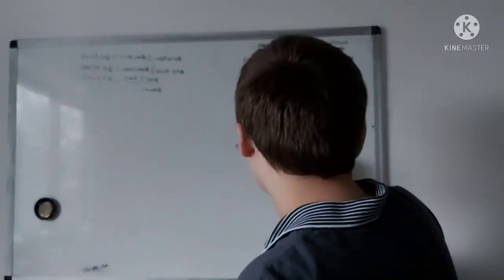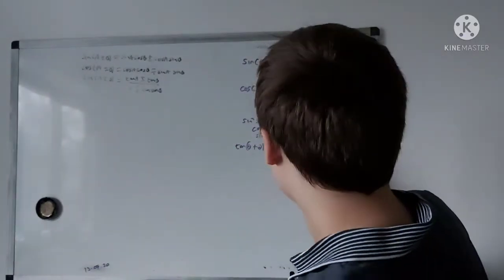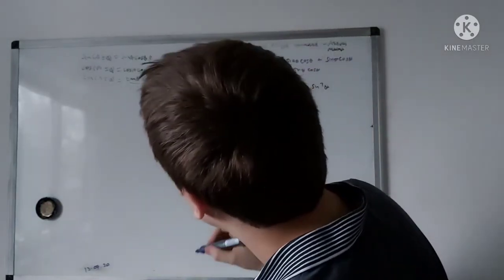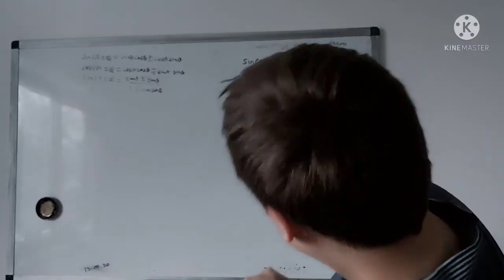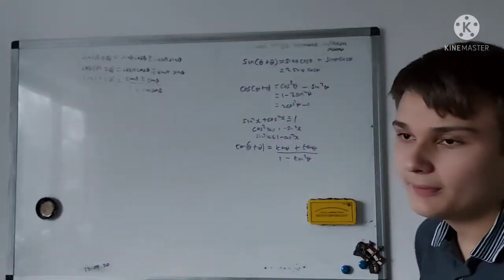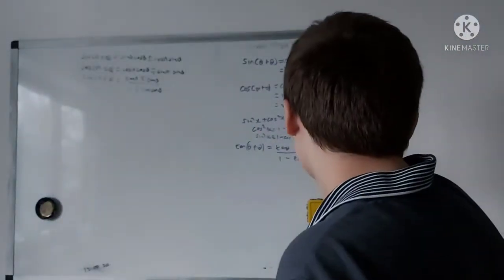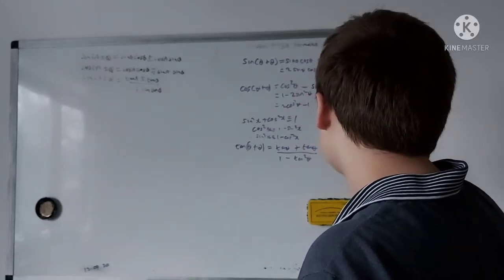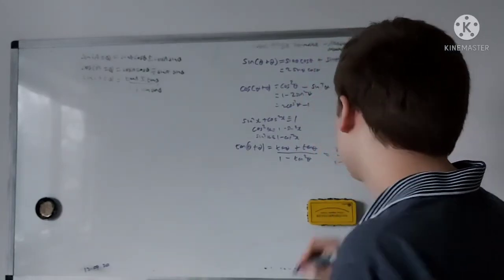So we've got 1 take away tan squared theta. Yeah? Because it's 1 minus plus tan A tan B. Yeah? Good. So, tidy this up. We've got 2 tan theta over 1 minus tan squared theta.